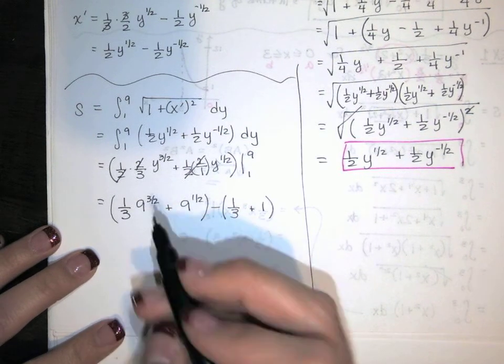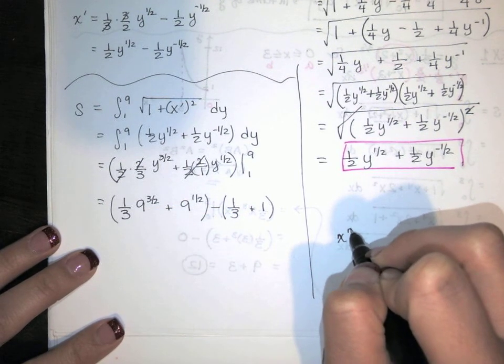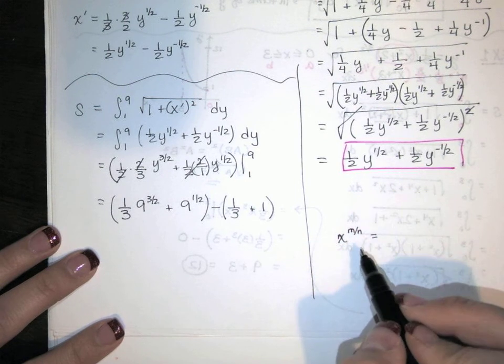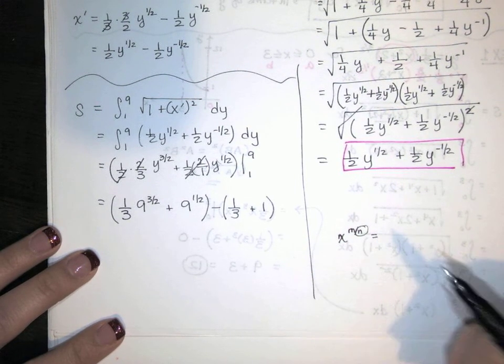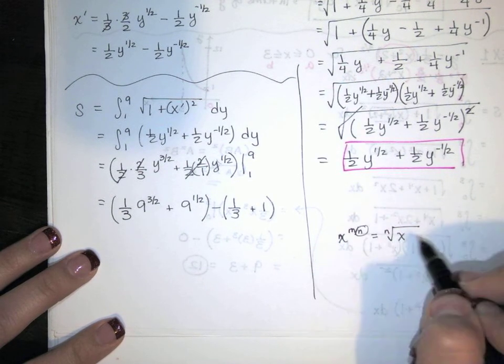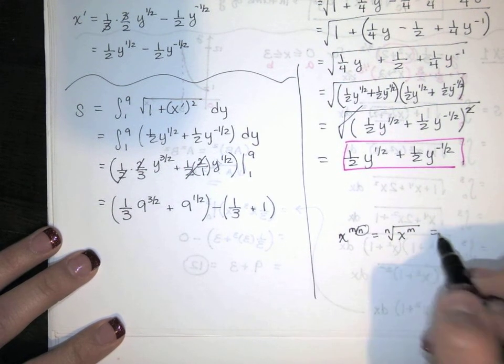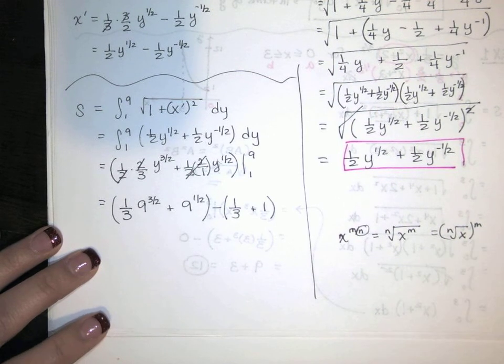But remember what this means. If you've got x to the m over n, so x with a fraction in the exponent, this n is the index of the root. So we're taking the nth root of x to this power. Or if you wanted, you could take the nth root first and then raise the whole thing to the mth power.